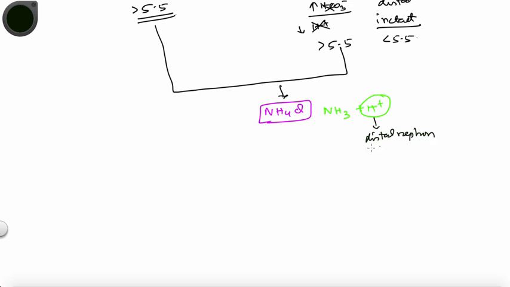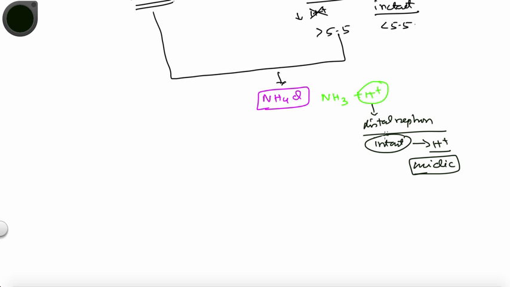So after giving ammonium chloride, if the distal nephron is intact, it will secrete H plus ions and make the urine pH acidic. If the distal nephron is not intact, these excessive H plus ions cannot be secreted, and hence the urine can never be acidic and can only be alkaline. This is true in case of distal RTA, where despite giving ammonium chloride, the H plus ions cannot be secreted into the urine, and the urine remains alkaline and the pH remains more than 5.5.